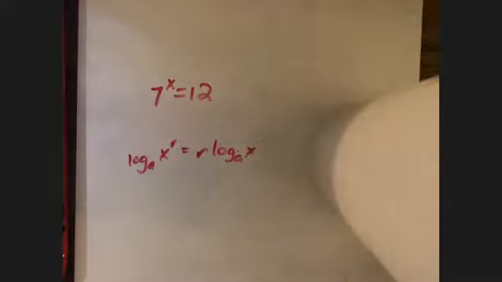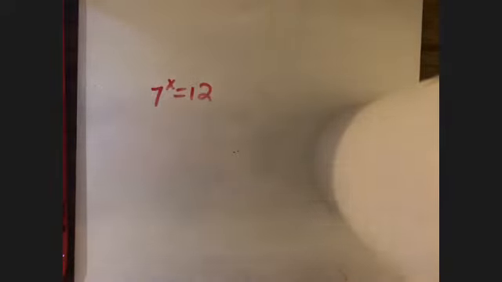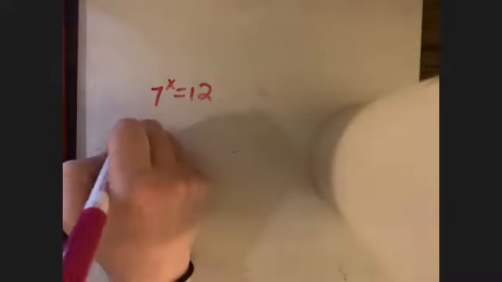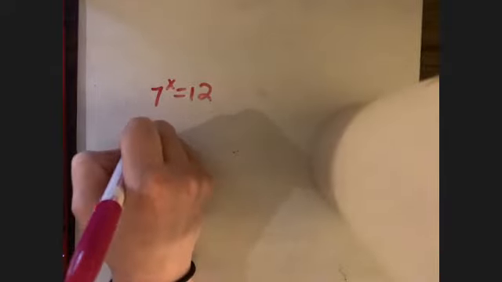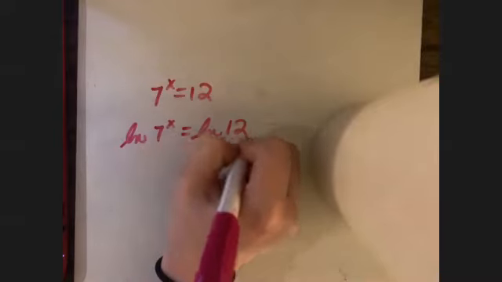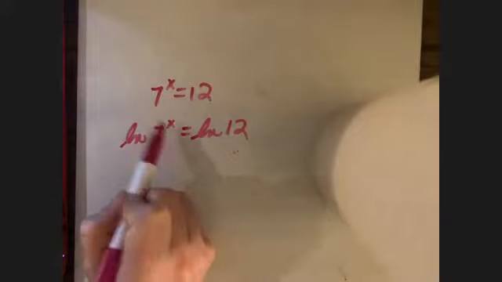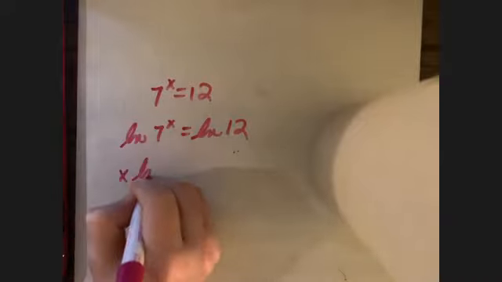The problem is that right now I don't have a log on this. You have to remember that log is an operation, kind of like square root or cube root. It's something that you do. So I can take the natural log on both sides, and I will still have an equivalent statement. Now I can bring the x down out in front.